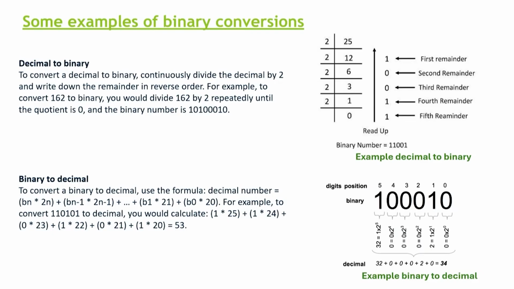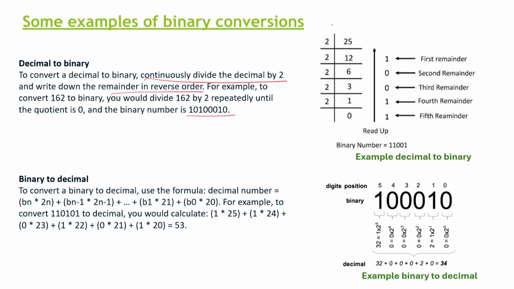In order to go from decimal to binary, you need to continuously divide the decimal number by 2 and write down the remainders in reverse order. For example, for 162 to binary, divide 162 by 2 repeatedly until the quotient is 0, and this way you are going to get a string of 1s and 0s.